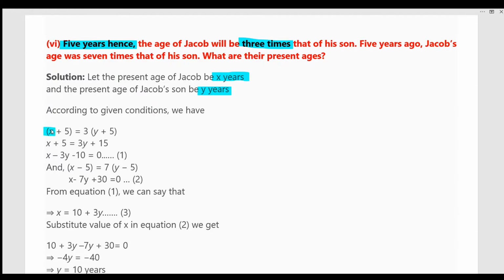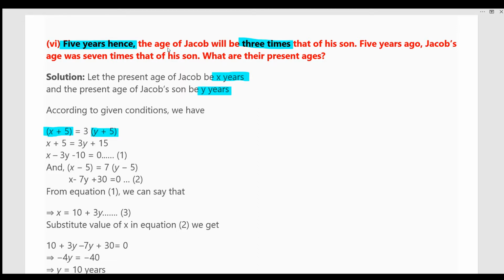If I want age of Jacob after 5 years, I will add 5 to that. So age of Jacob 5 years from now, it will be x plus 5 years. And in the same manner, age of son, Jacob's son, after 5 years, it will be y plus 5 years.